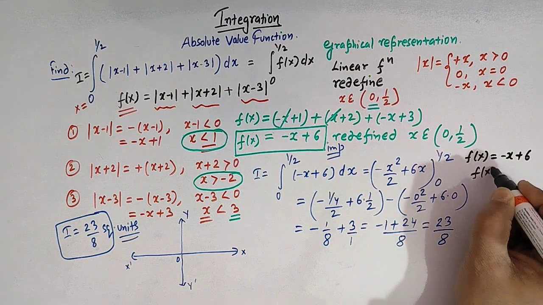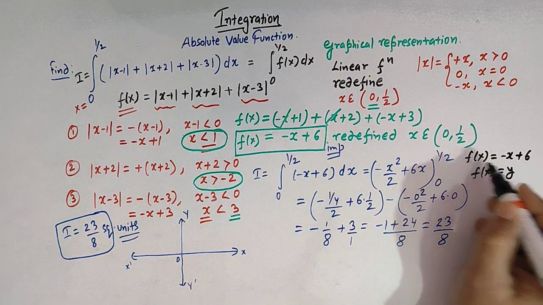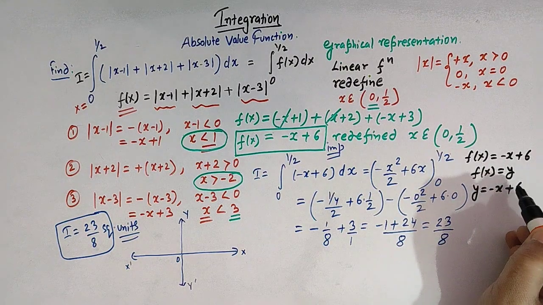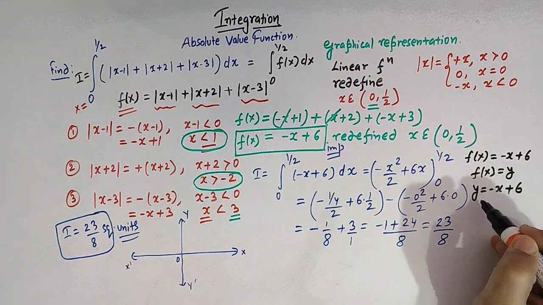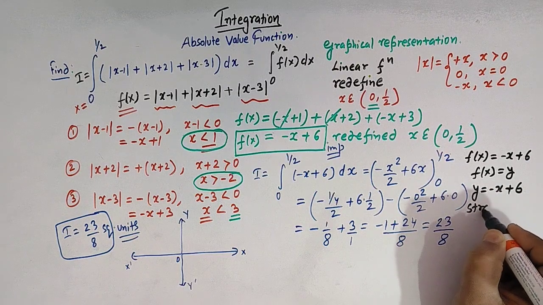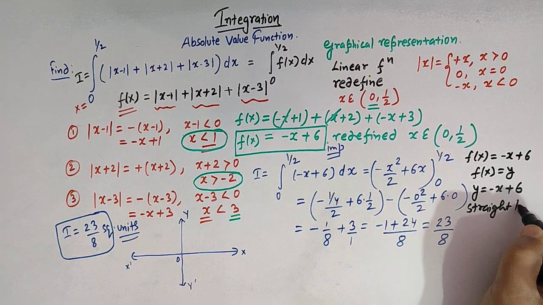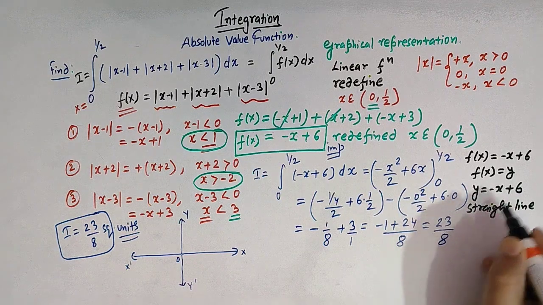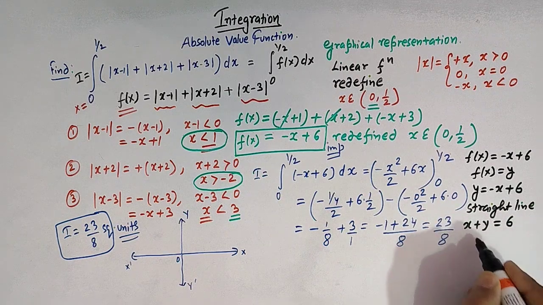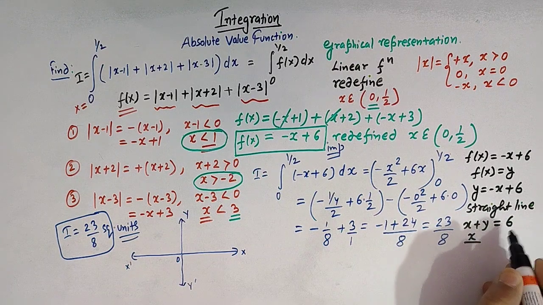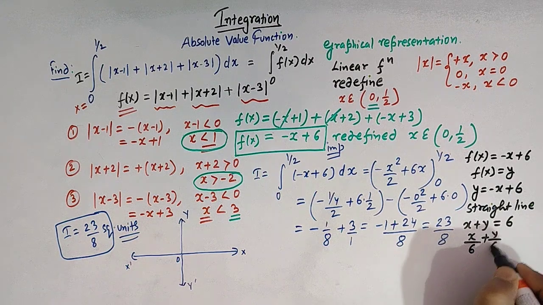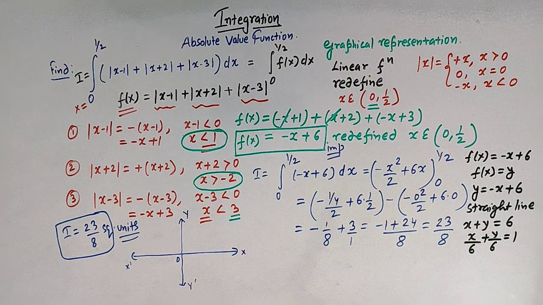So now if we take f of x is equal to y, then we can write y is equal to minus x plus 6, right? So here we have a linear function, and it represents a straight line, right? So here if we take minus x to this side, we have x plus y is equal to 6, and we can now write it in the intercept form, that is x over 6 plus y over 6 is equal to 1, right?